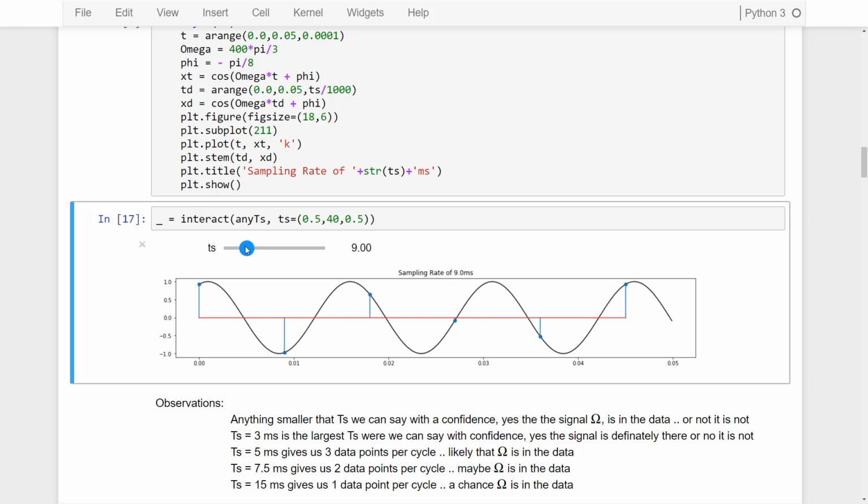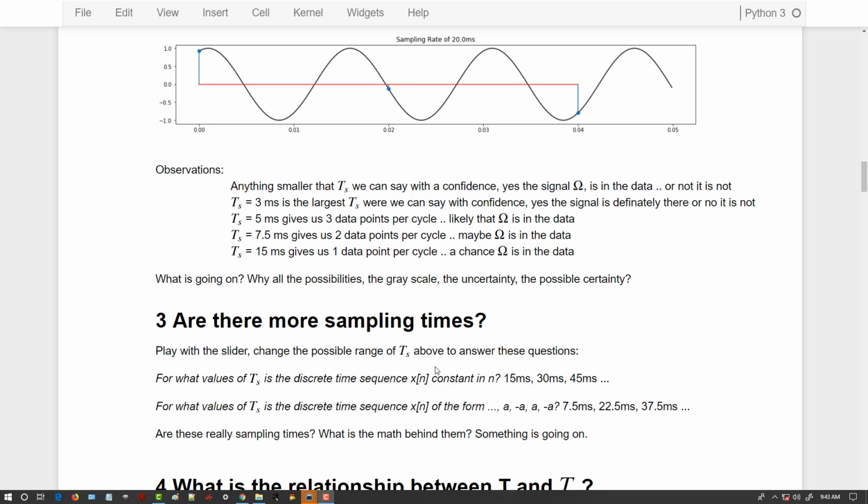If we look at 15, that's giving us 1 sample per cycle. So clearly 3 is what gives us the minimum number of samples per cycle to actually be confident that we can reproduce that sinusoid.